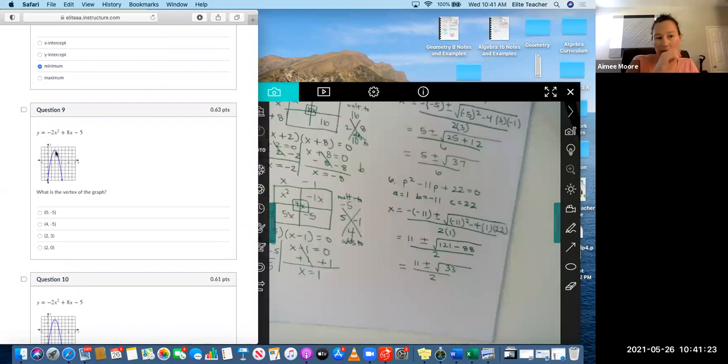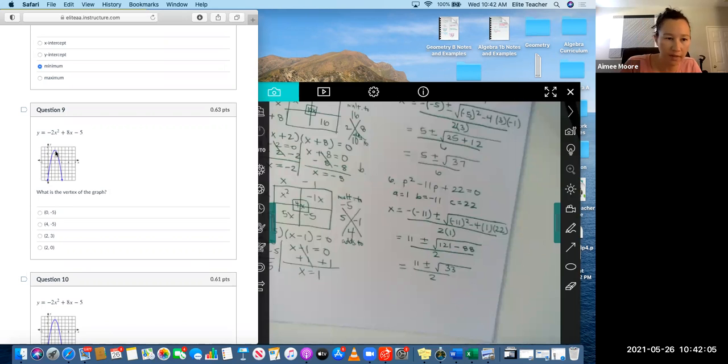What is this point right here? So what's this point right here at the top of our graph?